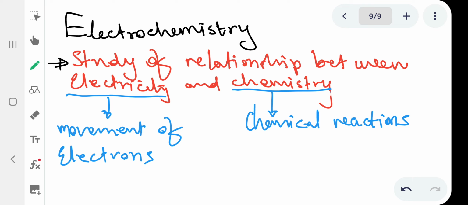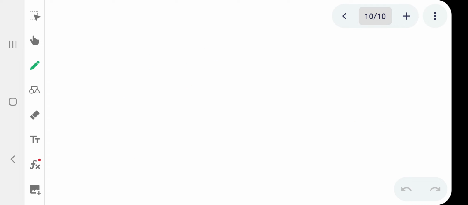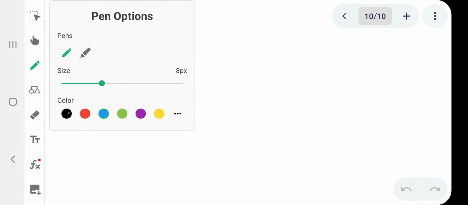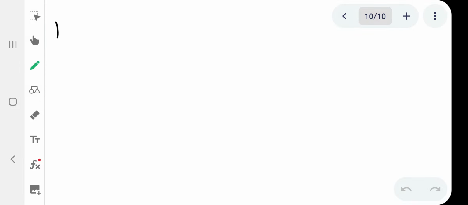So it means each and every chemical reaction that occurs is accompanied by the movement of electrons. The type of chemical reaction that involves the movement of electrons is called a redox reaction. So what is a redox reaction?